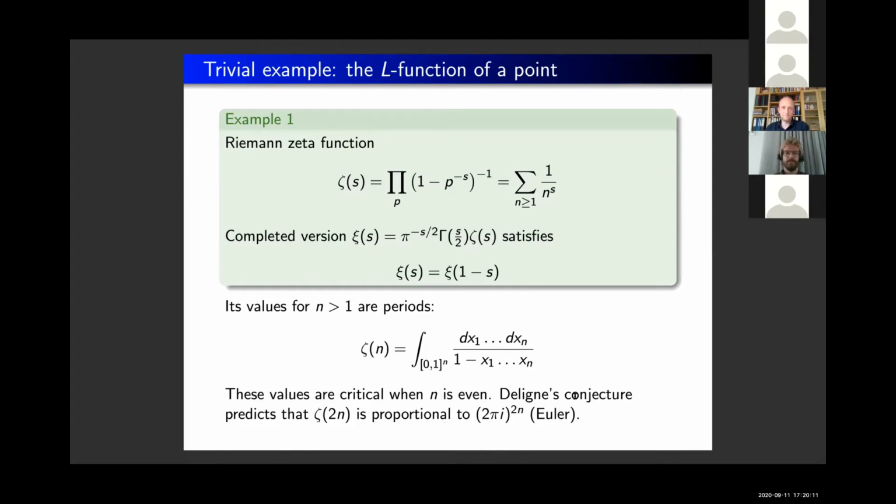And Deligne's conjecture tells us about the critical values. And in this case, it predicts a theorem which was known long before by Euler, that the even zeta values are proportional to an even power of 2 pi i, which indeed they are. Beilinson's conjecture about the odd zeta values is much more subtle, and I wouldn't be able to explain it without spending a very large amount of time on background and speaking about motives and extensions and so on.